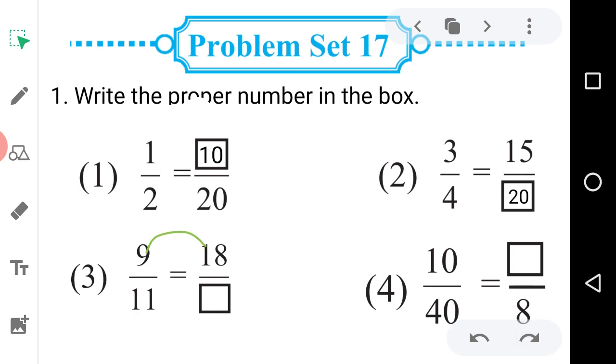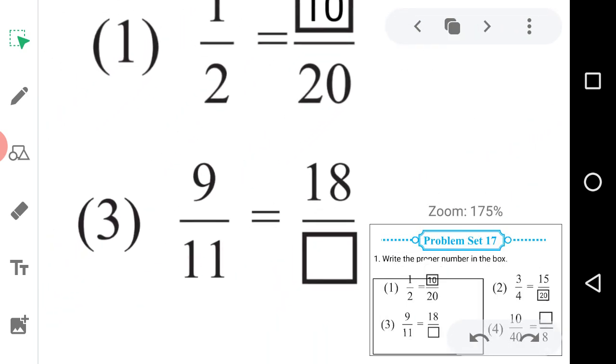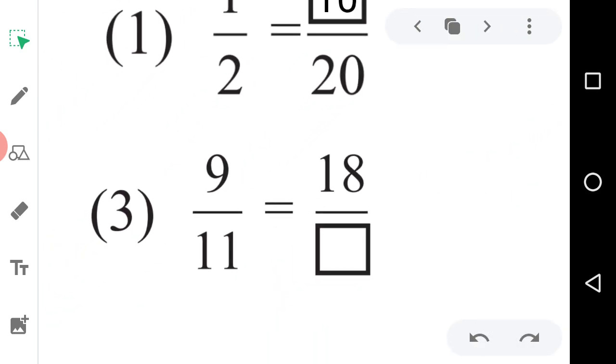Now see the third one. The fraction is given 9 upon 11. In the numerator, how do we get 18 from 9? By multiplication.